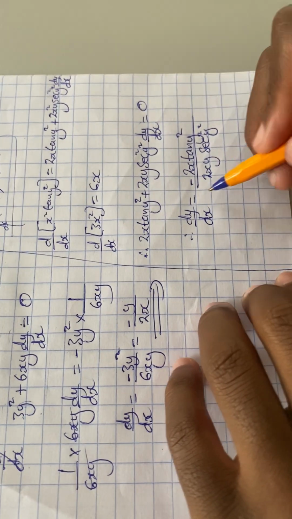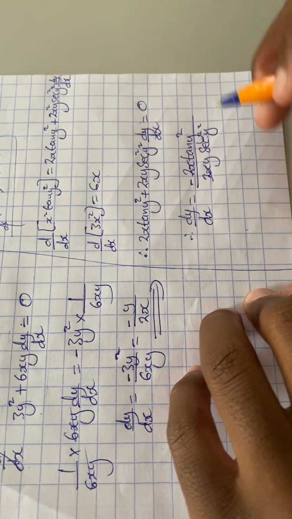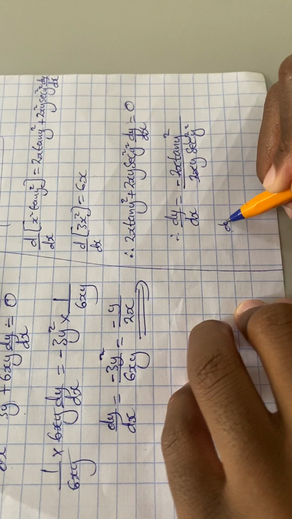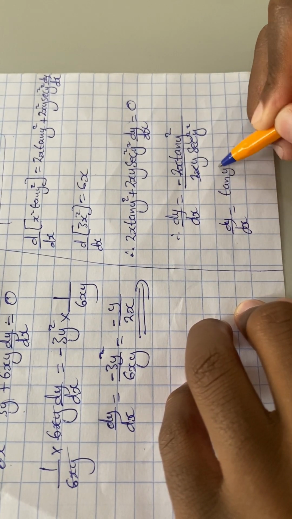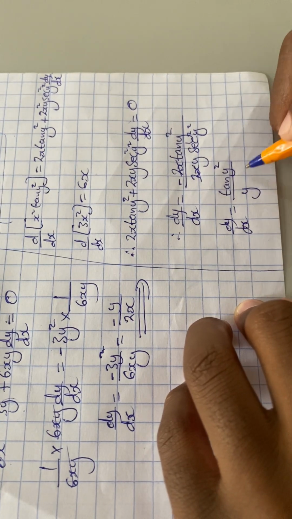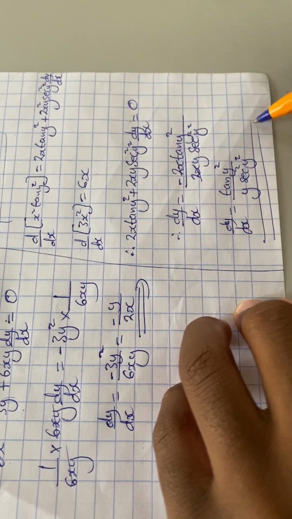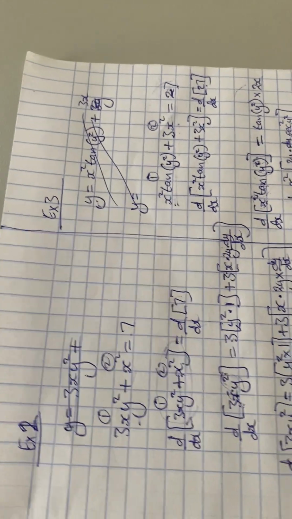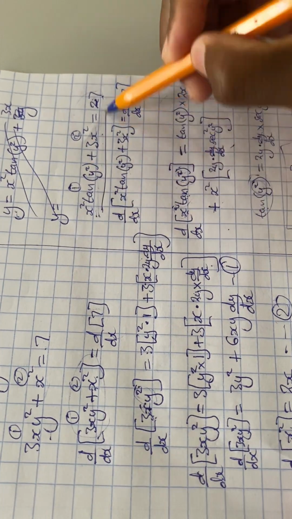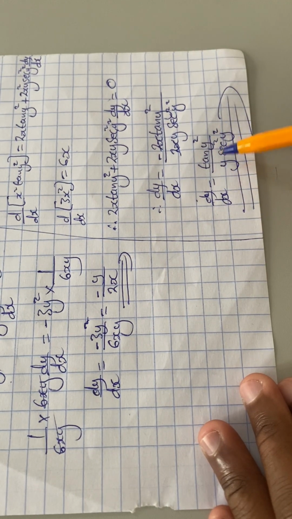To simplify, the 2x cancels from both sides, so you're left with dy dx equals tan y squared over y sec squared y squared. So this is our implicit derivative of this function.